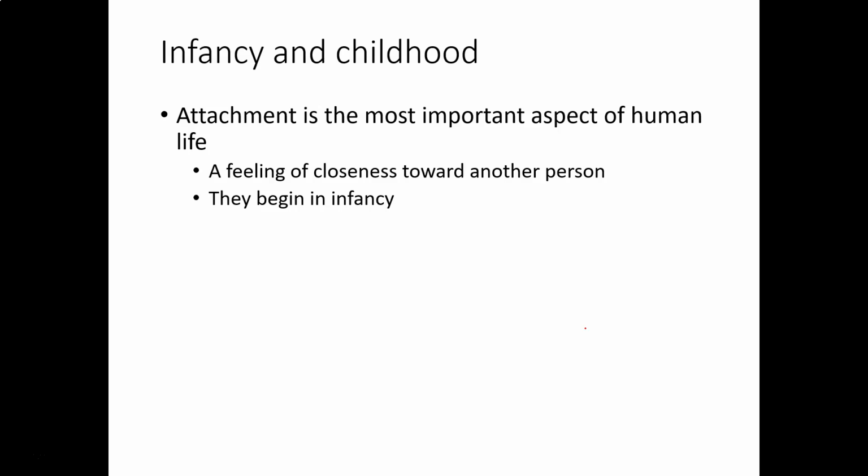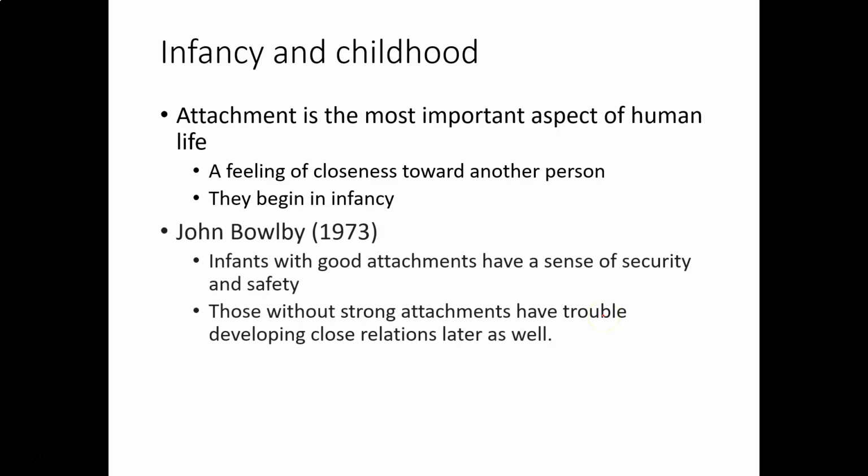So attachment is the most important aspect of human life. Who we interact with when we are infants dictates the kind of connection we are going to have, not just with that caregiver, but with others in our life. The feeling of closeness that we might have towards another person actually begins in infancy as we form that connection with the person who cares for us the most, or persons who care for us the most.